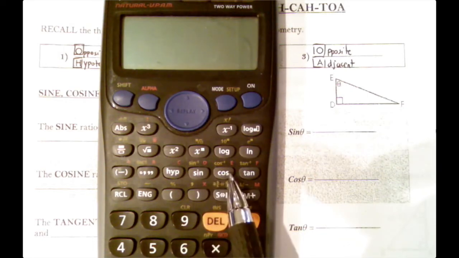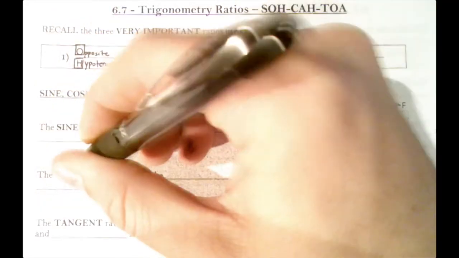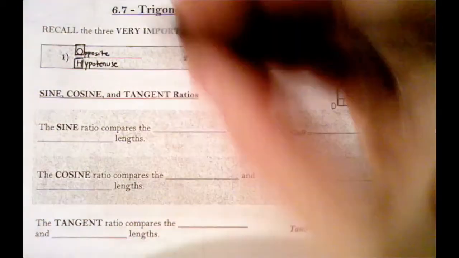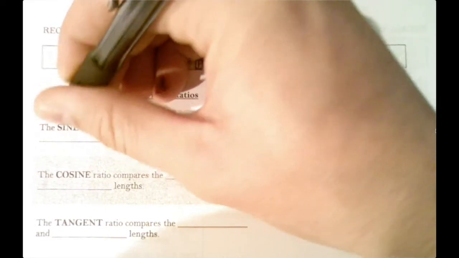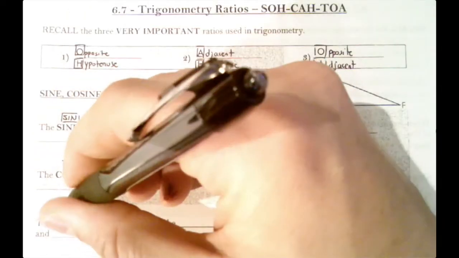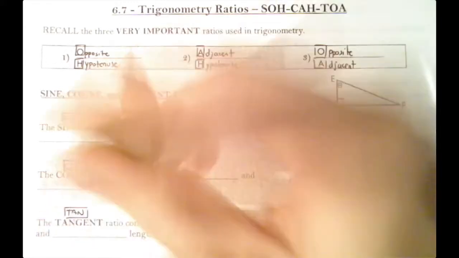The sin, cos, and tan buttons stand for sine, cosine, and tangent. This SIN button is for sine. Your cos button stands for cosine. And your tan button stands for tangent.